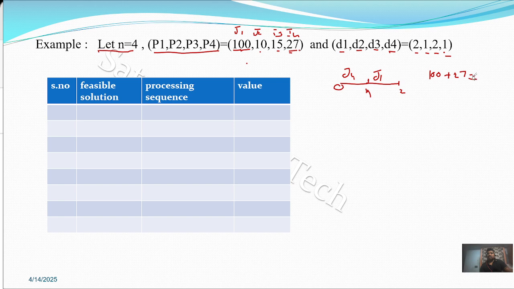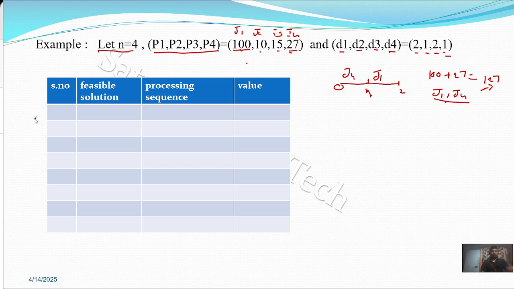So the maximum profit is 127, by completing jobs J1 and J4. This is the job sequence: J4 is completed in the 0 to 1 slot and J1 is completed in the 1 to 2 slot. Then you get 127 as the maximum profit.